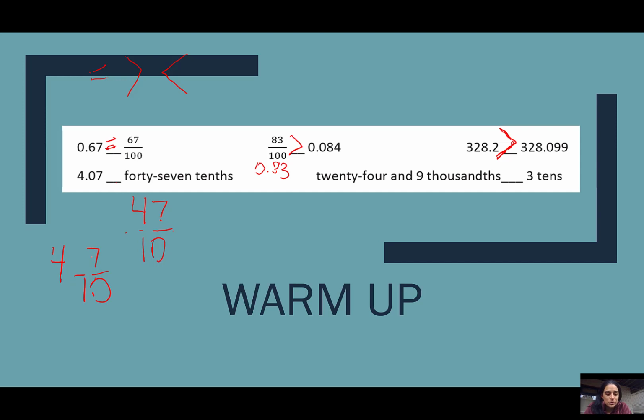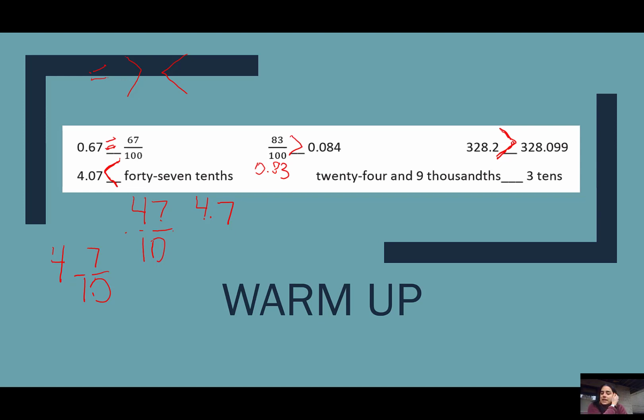And that's 4 wholes and 7/100. So even if I wrote it now as a fraction, in decimal form, I have 4 and 7/10. You could see the 7 in the tenths place is larger than the 0 in the hundredths place. So 47/10 is larger.